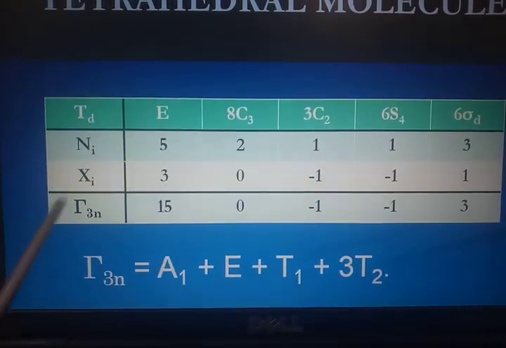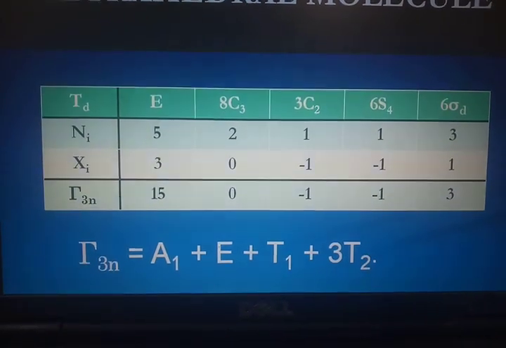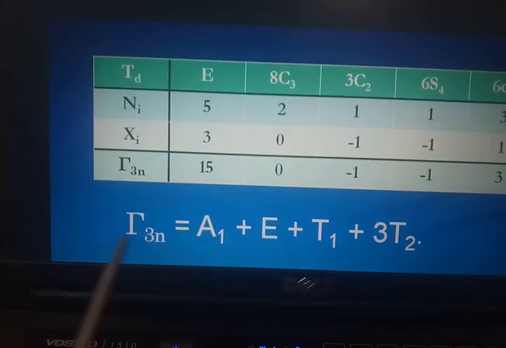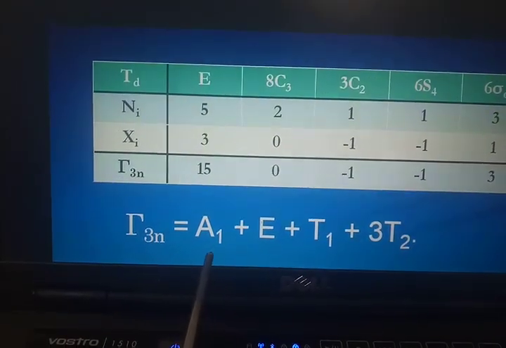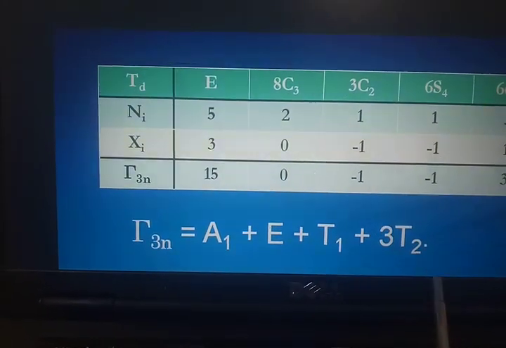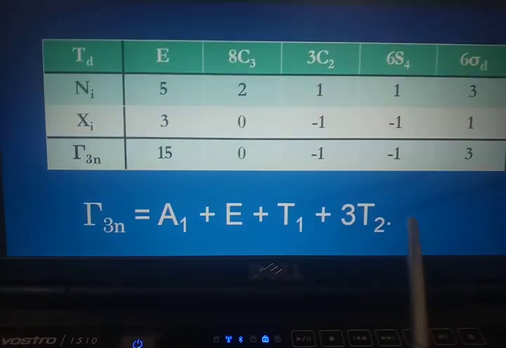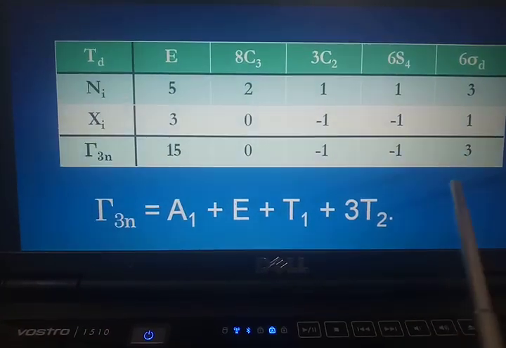And when we carry out reduction of this reducible representation by using the formula which we have learned in the first semester itself, then the irreducible representation which we obtain is A1 plus E plus T1 plus 3T2. So these are the irreducible representations which are components of this reducible representation for 3n degrees of freedom.